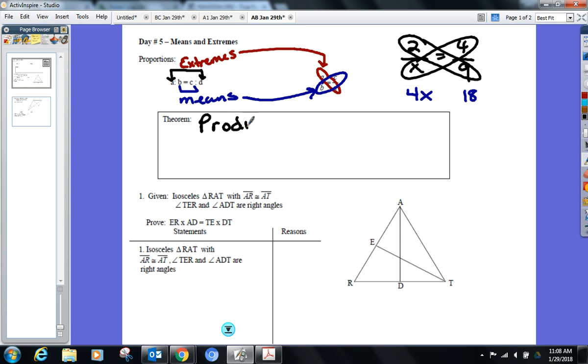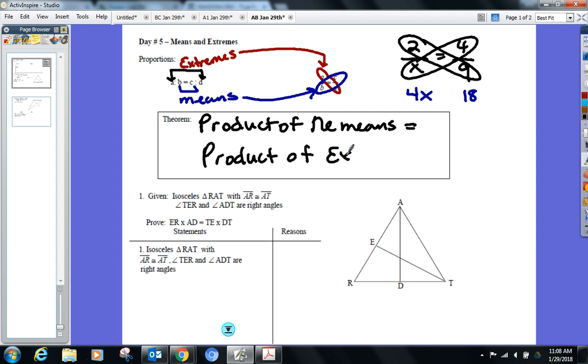Product of the means equals, what do you always set it equal to? The product of the extremes. Yep. So there's the new theorem today that's going to finish off our proof. Product of the means equals product of the extremes.